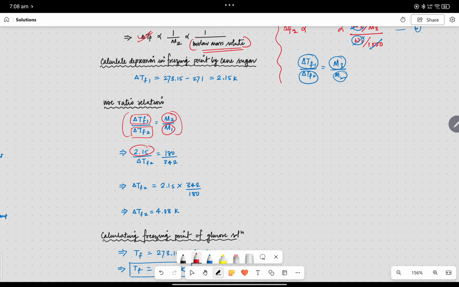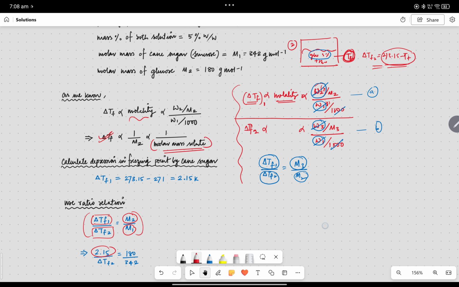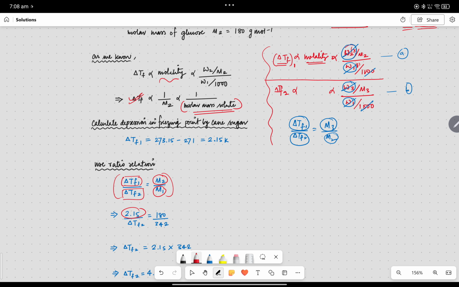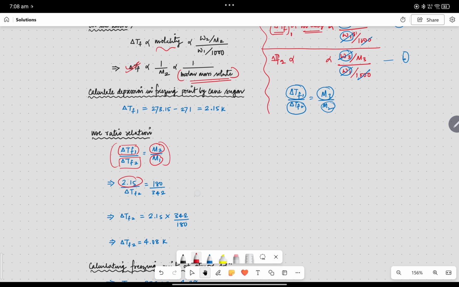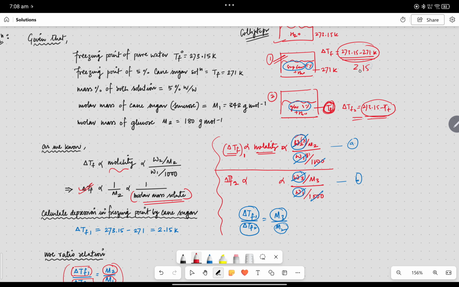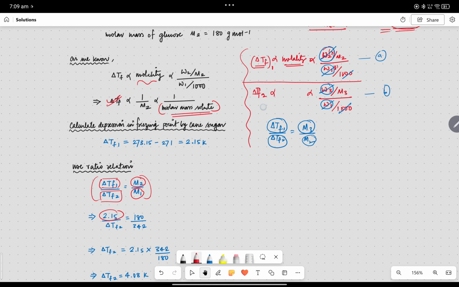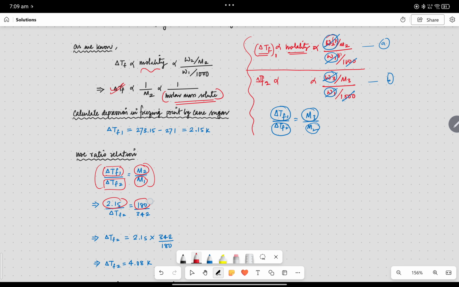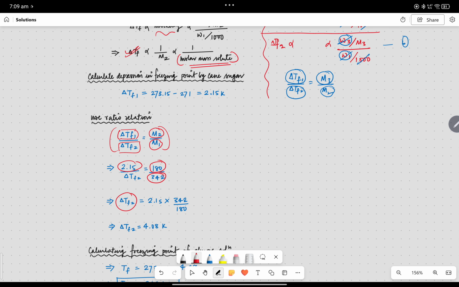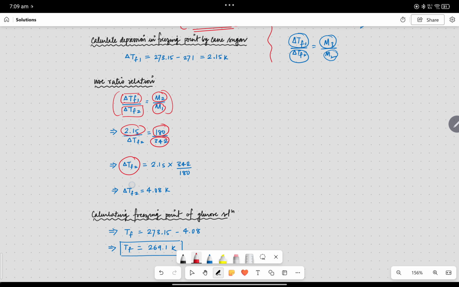So now you have to put in the values. The depression delta Tf1 is 2.15. You put in the molar mass of glucose and the molar mass of sugarcane, and now you can find the depression in the case of glucose. The depression you will get is 4.08 Kelvin.